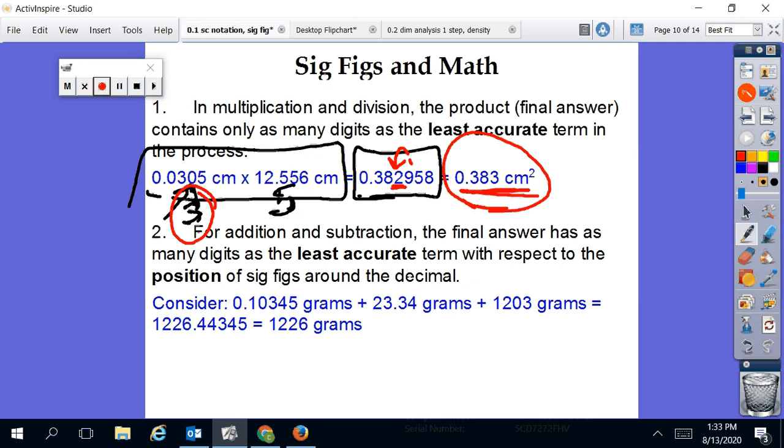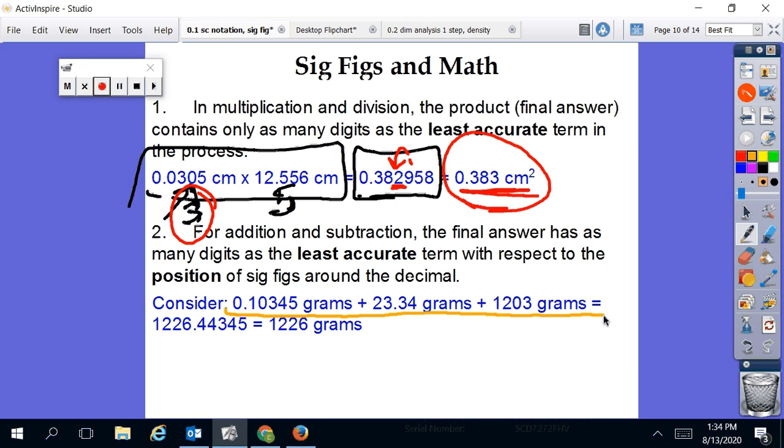Okay, now for addition and subtraction, it's a different rule. You're not counting sig figs. The final answer has to have as many digits as the least accurate term with respect to the position of sig figs around the decimal. Okay, so let's look at this problem here. You are adding up these three numbers.